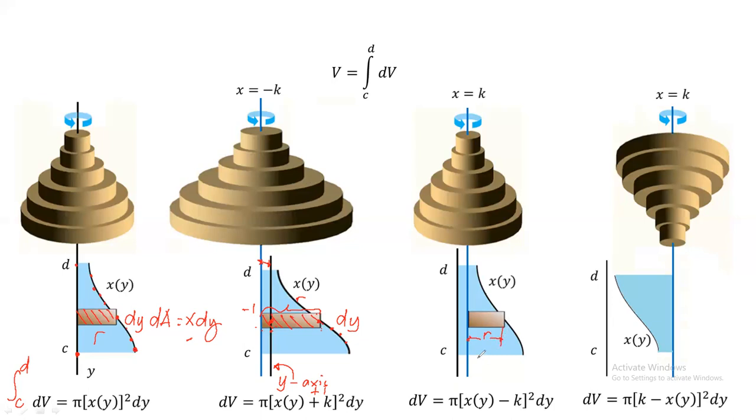That's your r, the radius of your differential area, which you need to multiply by pi. What is this r? Now, if from here to here is your f of y or your x of y, if you subtract this one, which is k, then that would give you the radius of this solid of revolution.